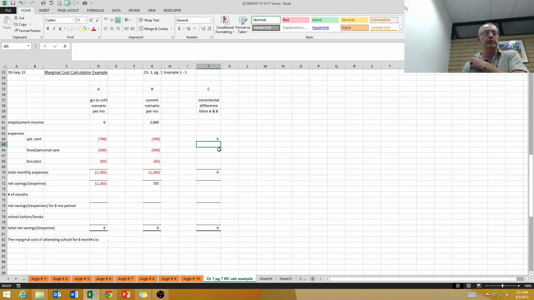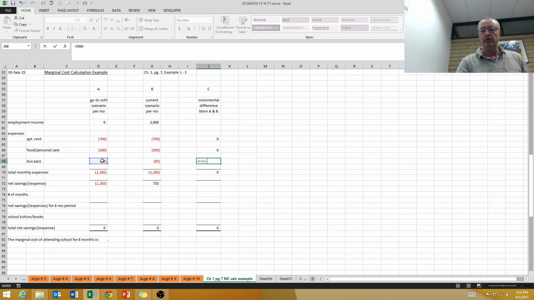Her incremental apartment cost is 0 because it stays the same in the two months. Likewise, her food and personal expenses stay the same in both months, a difference of 0. Likewise, the bus pass costs the same under the two scenarios. So minus 65 minus minus 65 is 0.